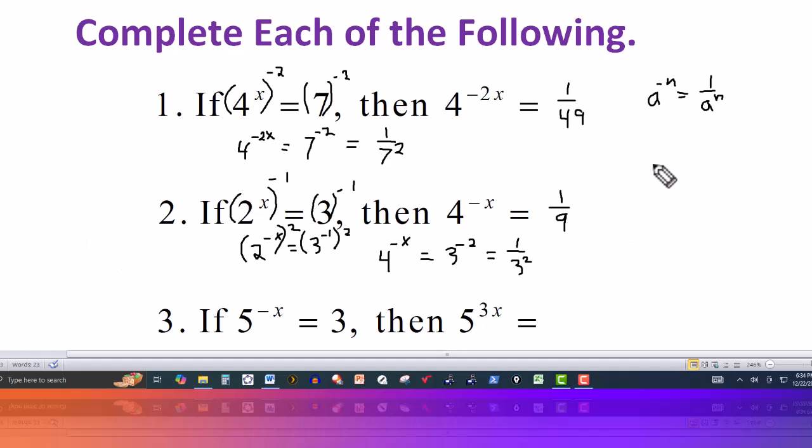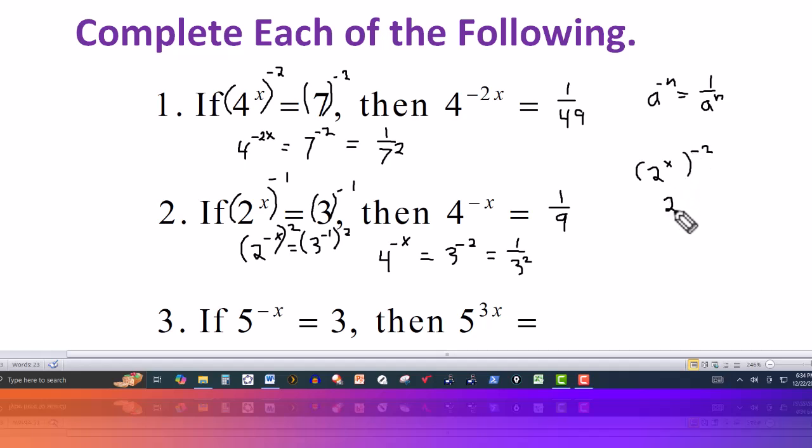Now we could have done it this way also. We could have said, okay, we know we're going to have to change the power and the base. We know that squaring 2 is 4. So we could have said, well, let's make this 2 to the x and take that to the negative 2 power. And then power to a power, multiply the exponents.